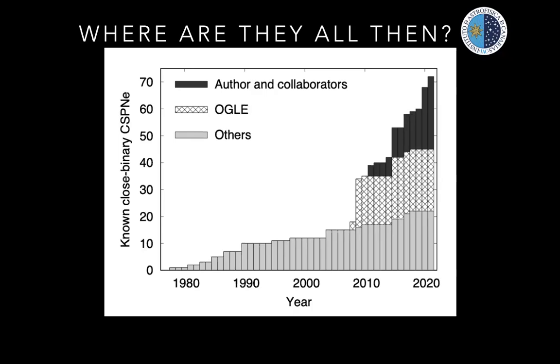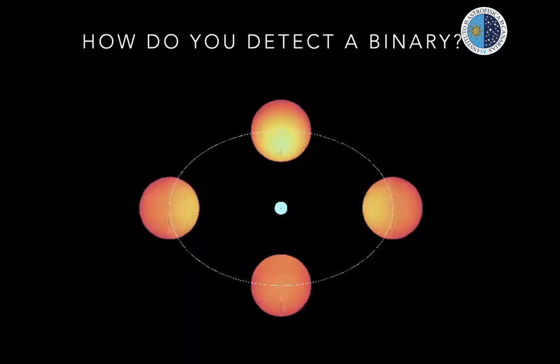I'm going to try and tell you that that's not because they're not binaries, it's just that we haven't managed to find them yet. And to do that, I have to kind of explain how we identify these binary central stars. I've already told you that they're unresolved, they're point sources from the ground because they're so close together. So how can we tell that a point source is a binary star? If we're very lucky and the orbital plane is in the line of sight, then we'll see eclipses.